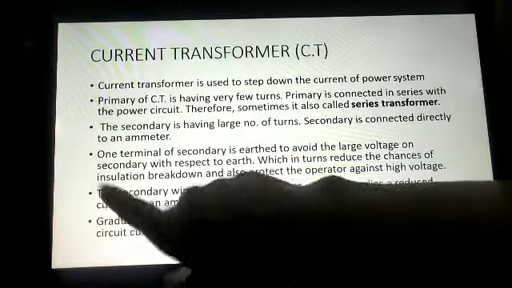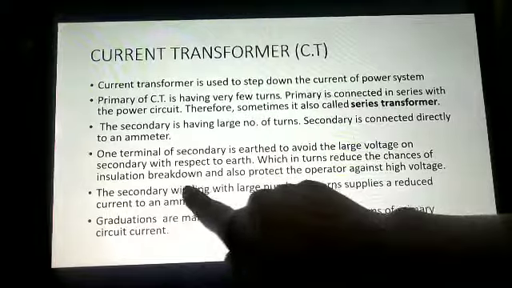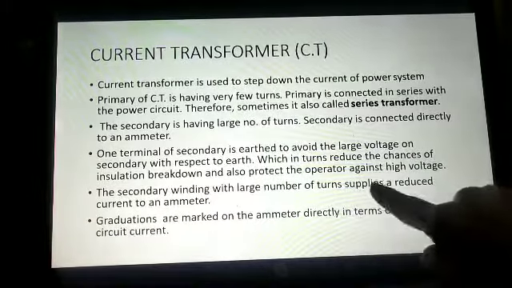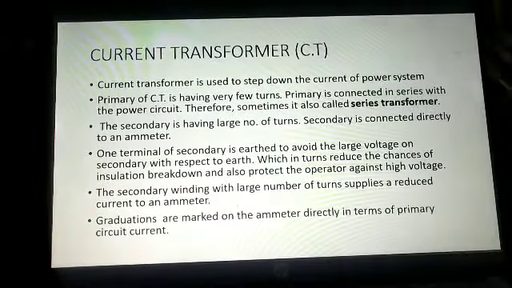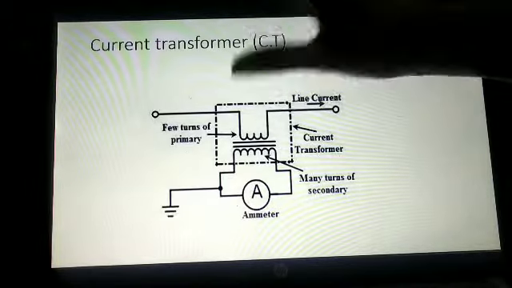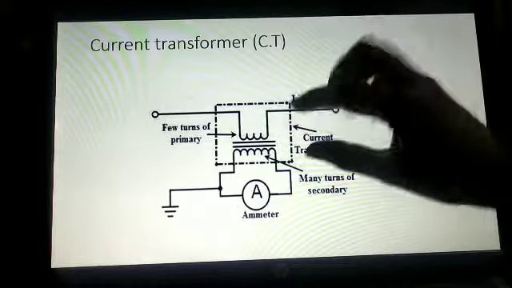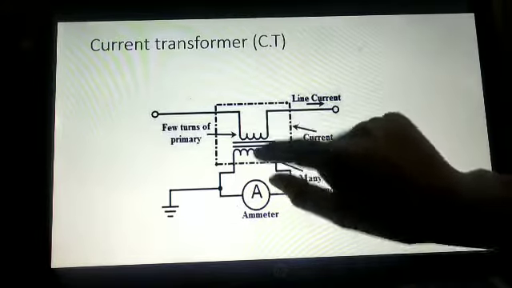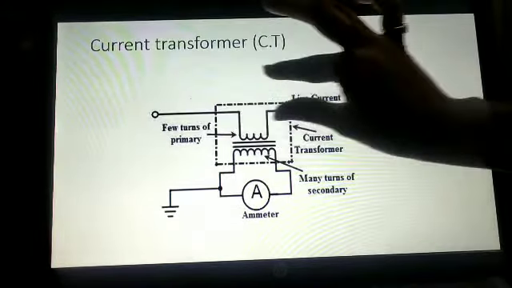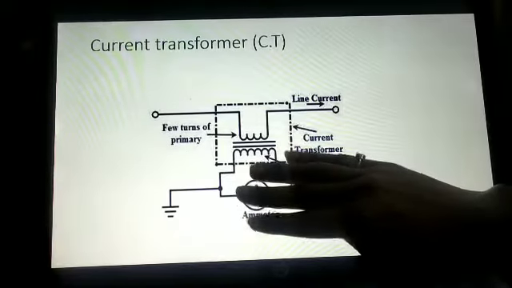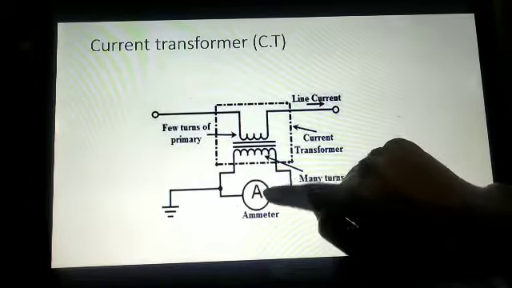Now here, so are you getting this point? Secondary winding with the large number of turns supplies a reduced current to an ammeter. So we use current transformer to measure the high value current, right? So here current transformer, what is it doing? It is converting high value of current into lower value, so our ammeter can measure.